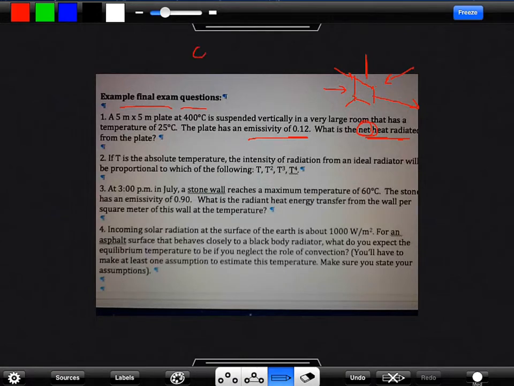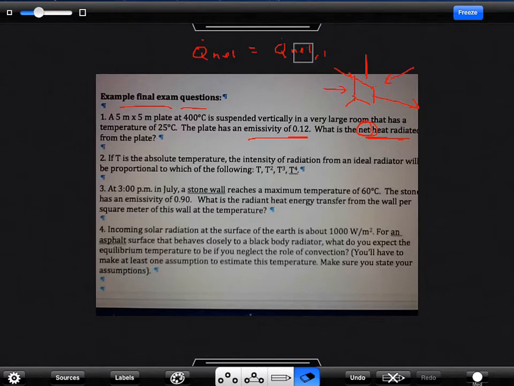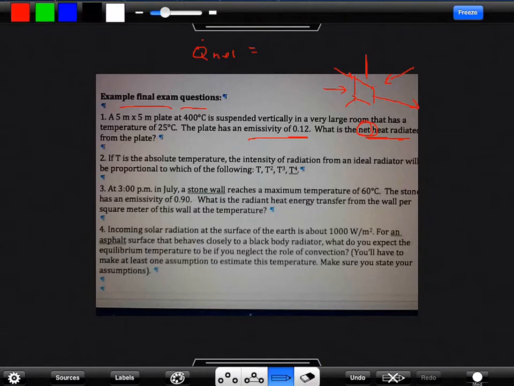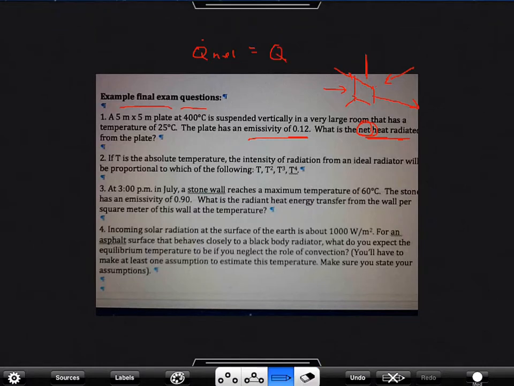So the Q dot net is going to be equal to the Q dot of 1, which is the plate, minus Q dot of 2, which is the room. We'll call the plate 1, we'll call the room 2. So it's the difference between those two, the difference of radiant heat.